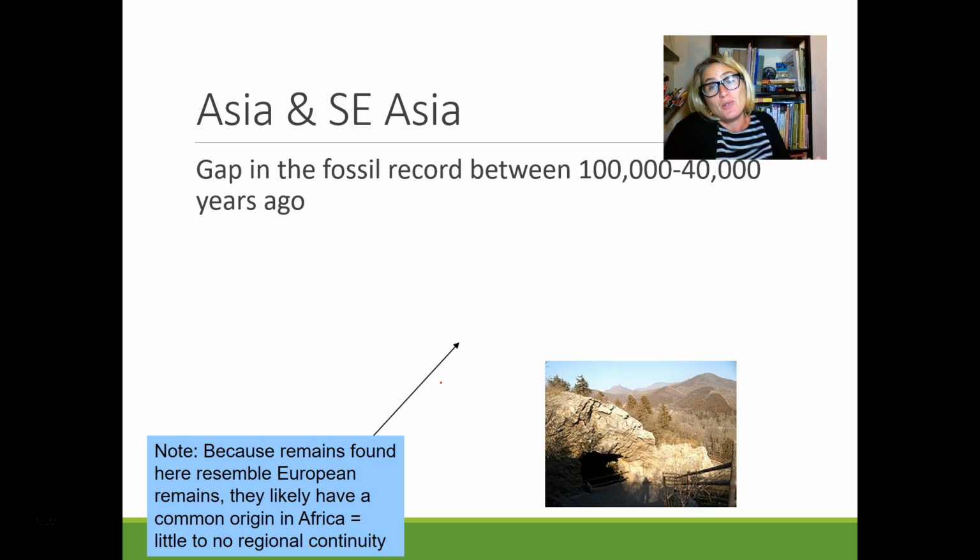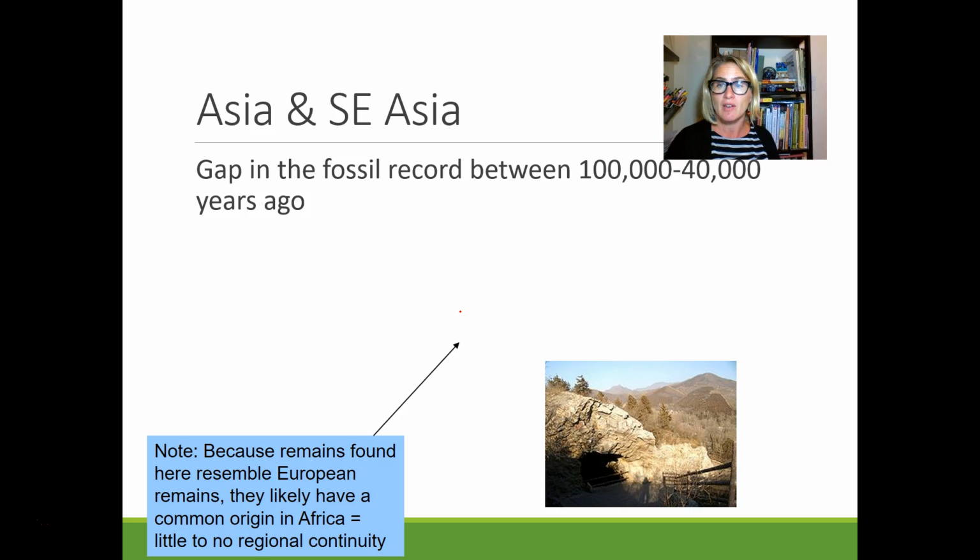Unfortunately, this part of the story is not so exciting because we do have a gap in the fossil record between about 140,000 years ago. So the fossil record from this region is quite spotty, partially because the work has not been done in terms of paleoanthropology, partly because some of the sites are very inaccessible.